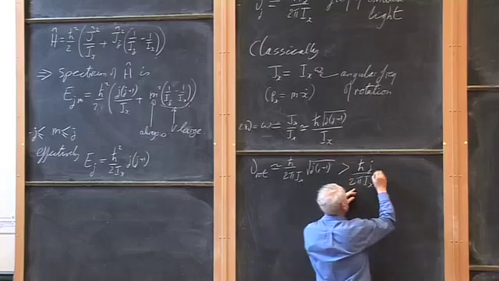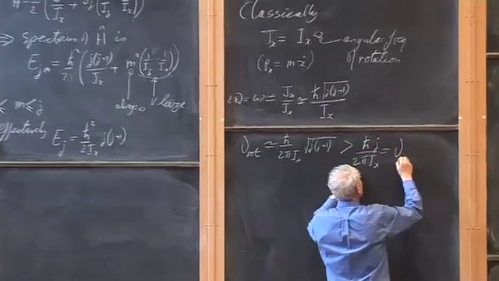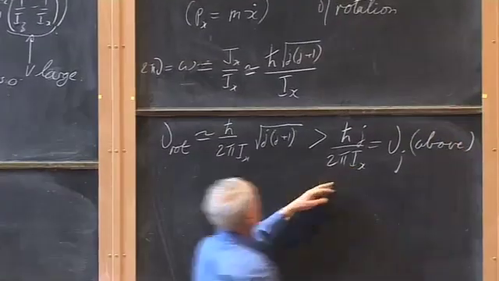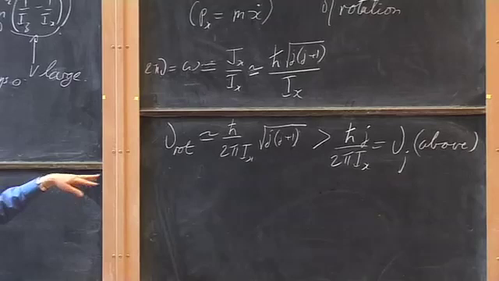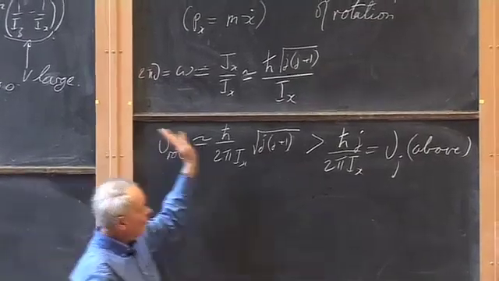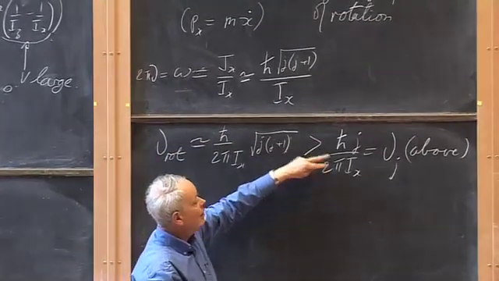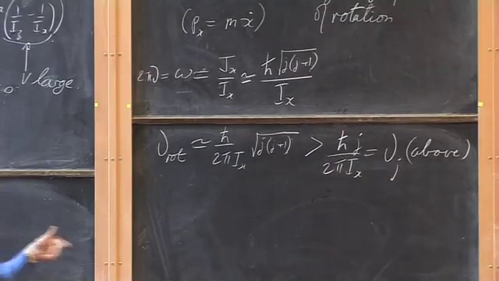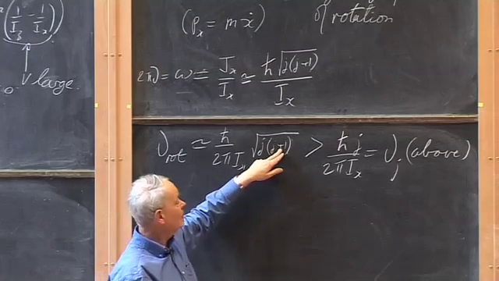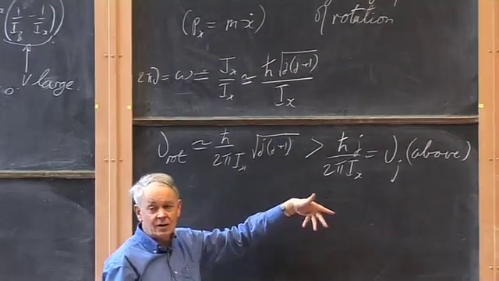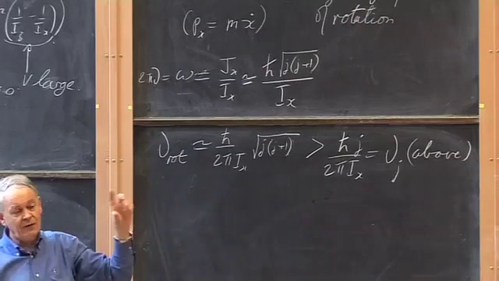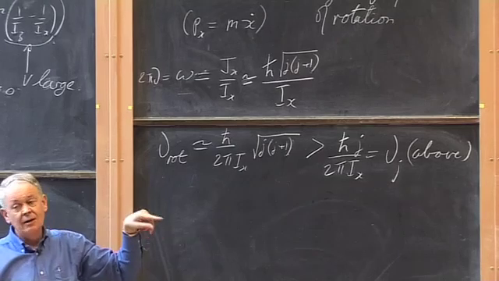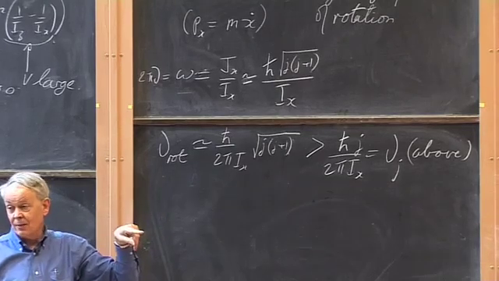This is the frequency of emitted light, sorry, this is nu_j from above. So in its upper state, its rate of tumbling on this classical picture will be slightly larger than the frequency at which it emits the light. And you can check that in its lower state, we would have a minus sign here, a minus 1, so it would be just a bit below the frequency of the light. So the light is in fact emitted at just the average of the expected rotation tumbling rates at the upper and the lower levels, which makes, I think, perfectly good physical sense.